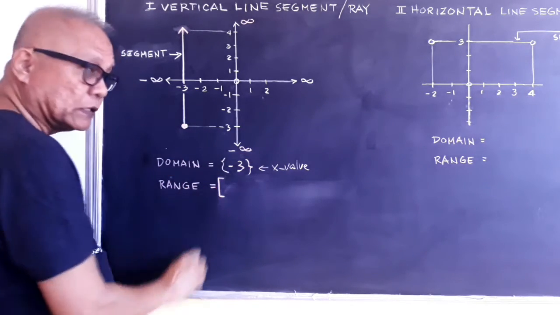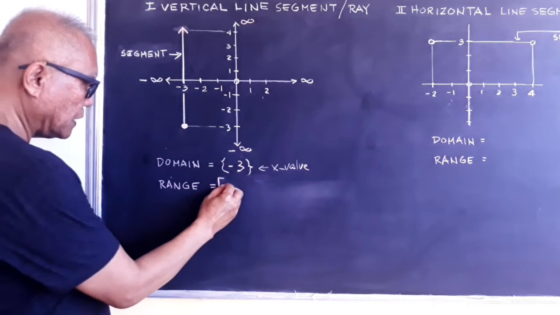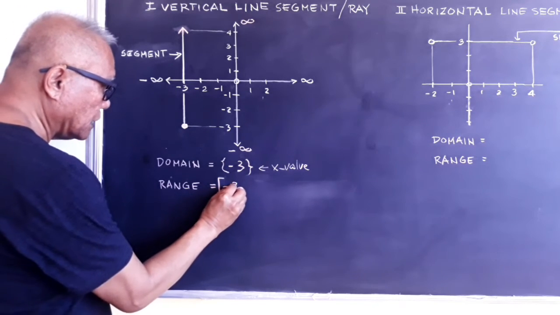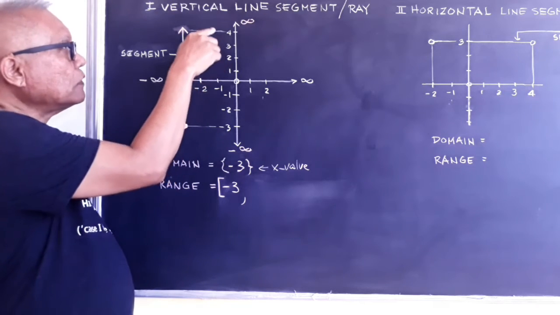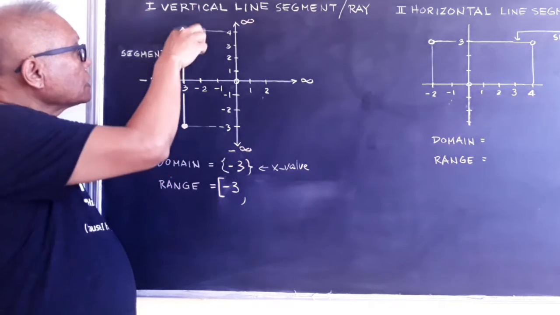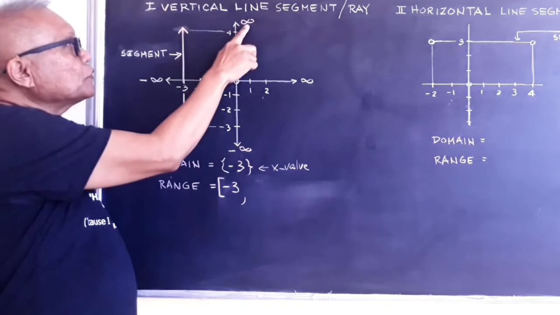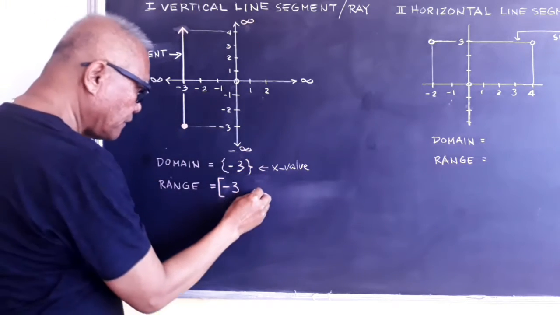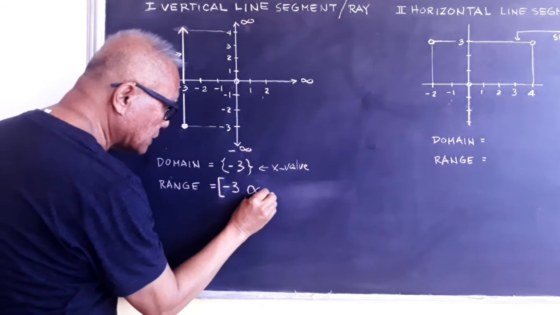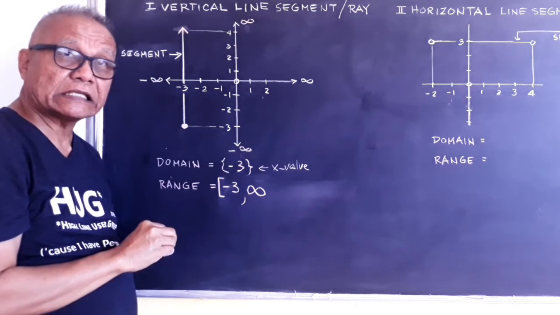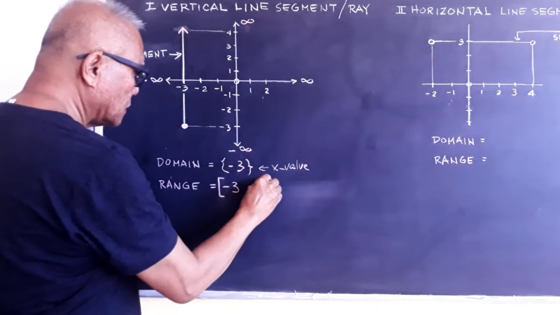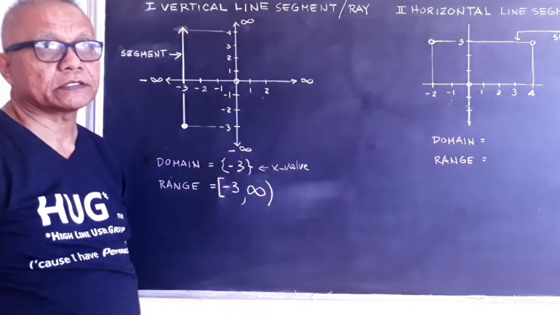Therefore, here is the symbol, and we have -3 here, and it does not stop at 4 or 5 or 6. It goes up to positive infinity, and there it is, positive infinity. But infinity is not included, so we write it like this. Okay.